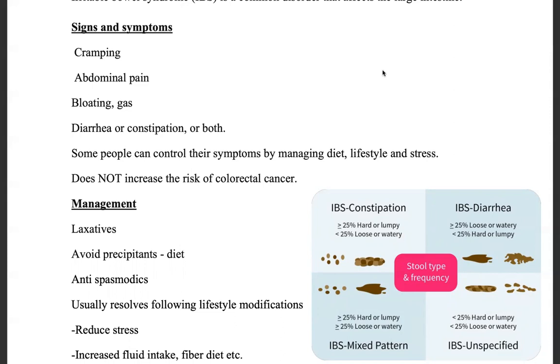You can also increase the fluid intake and fiber diet and see whether the symptoms get relieved. Also remember, in IBS, recent studies suggest that the use of prebiotics and probiotics will alter the normal gastrointestinal flora and help in relieving certain symptoms like bloating and abdominal pain.